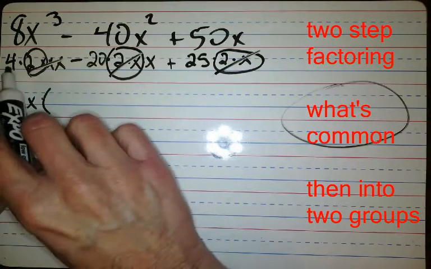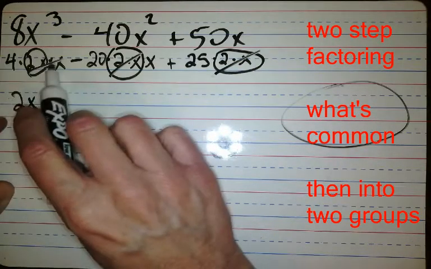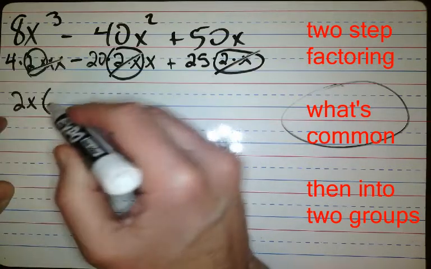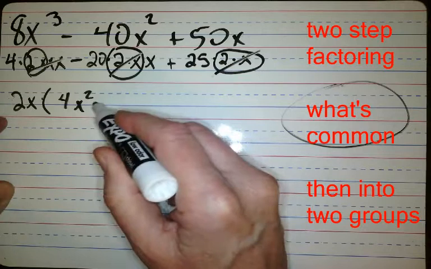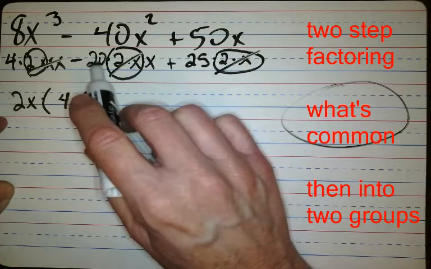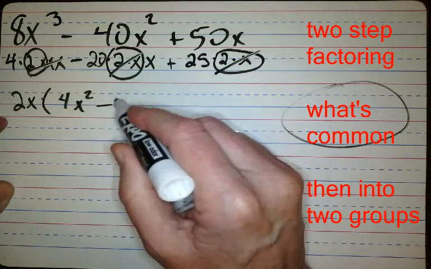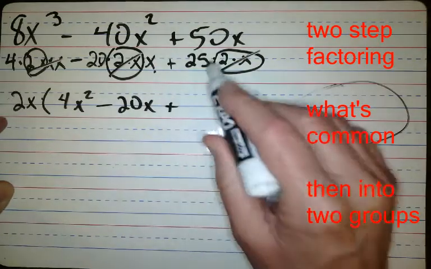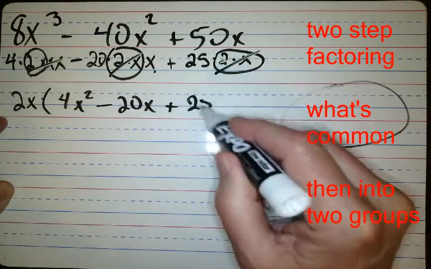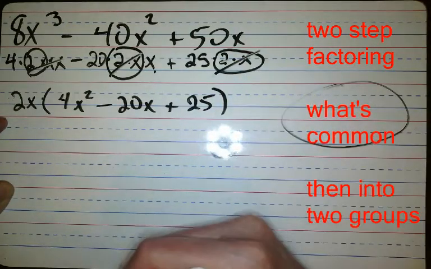And then what's left is 4, and then there's 2 x's right there. So that is 4x squared. And then this is 20, and there's only 1 x right there. And then this is 25, and there's no x's right there, right?